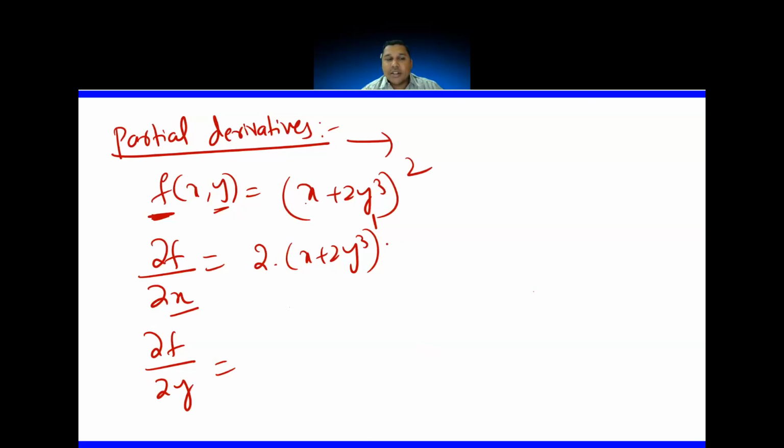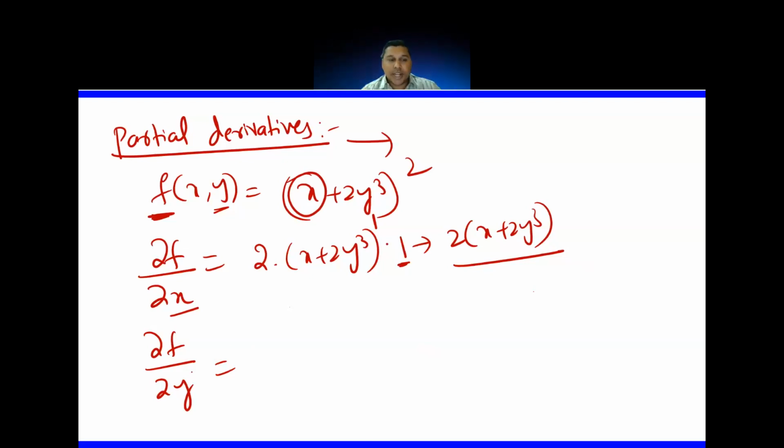The partial derivative of x is 1. So this becomes 2 into x plus 2y cube. This is the partial derivative of this function f with respect to only x. Why is it 1? Because I have to find the derivative of this x, and the partial derivative of x is 1.